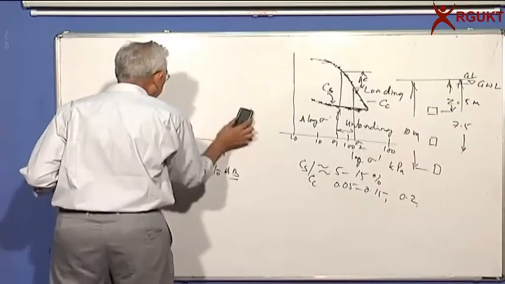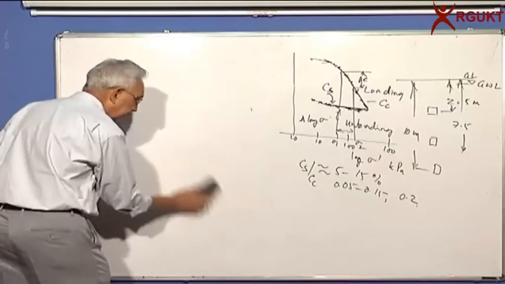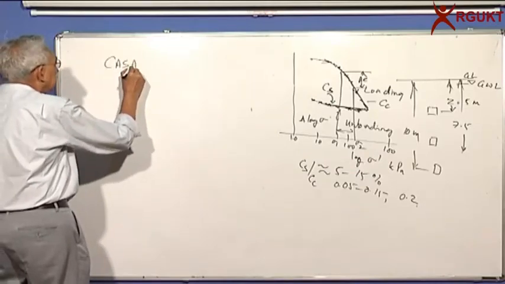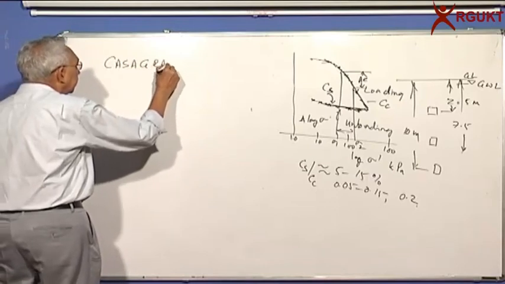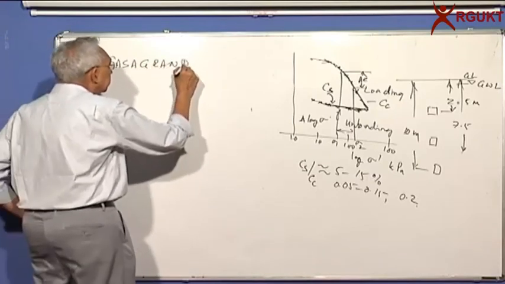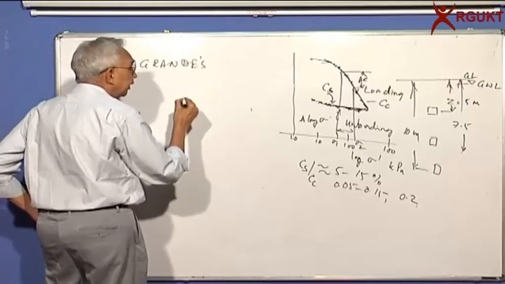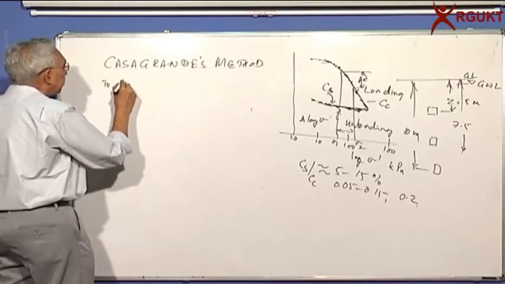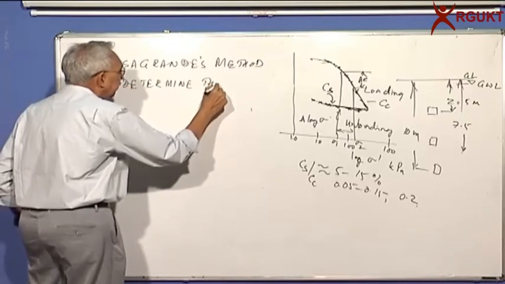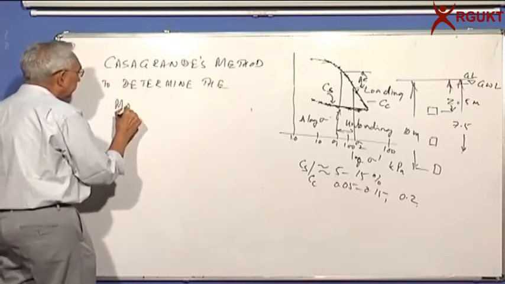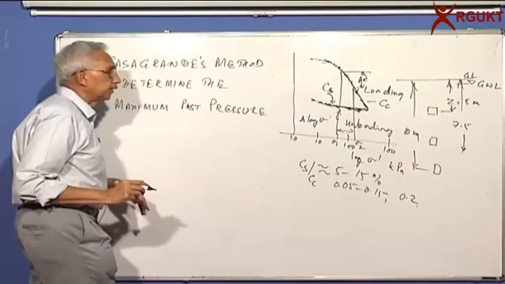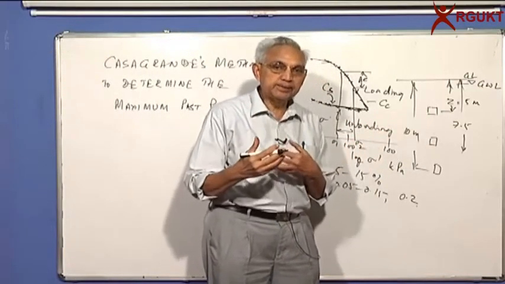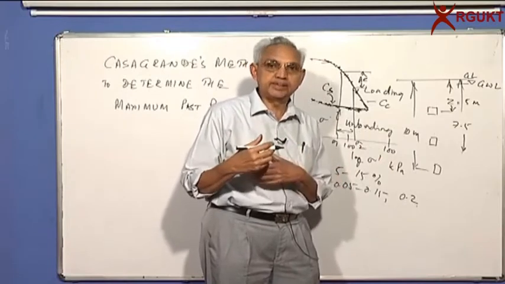Casagrande was a professor at Harvard in the 1930s and 40s up to about the 1960s. It's called Casagrande's method to determine the maximum past pressure the soil sample has experienced. You can figure out if this sample had experienced some stress and what is that stress.